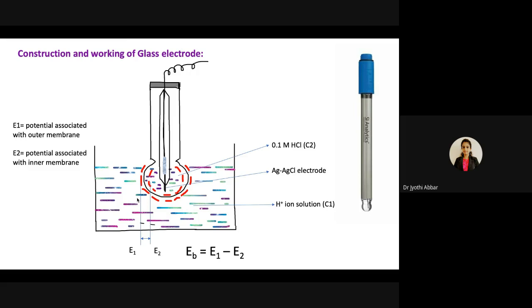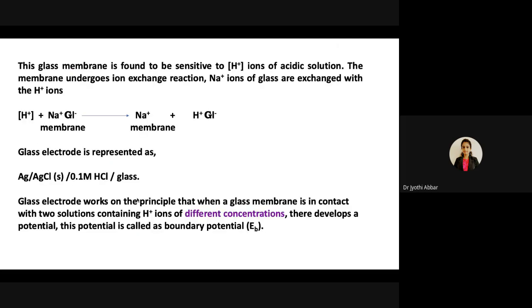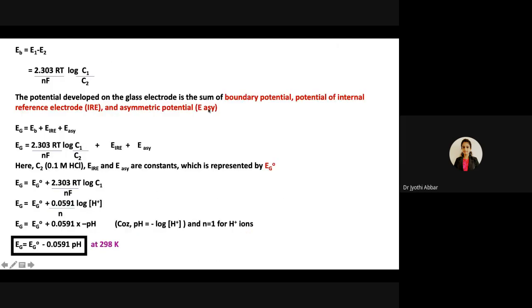But practically, some potential is developed even though the concentrations are the same. That is called the asymmetric potential. It is a very minute potential, but we cannot neglect it, so we consider even that potential.